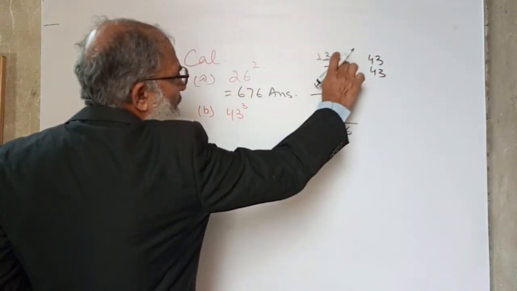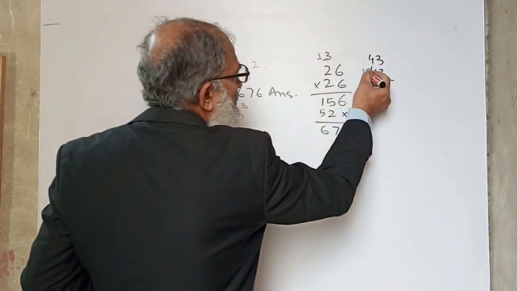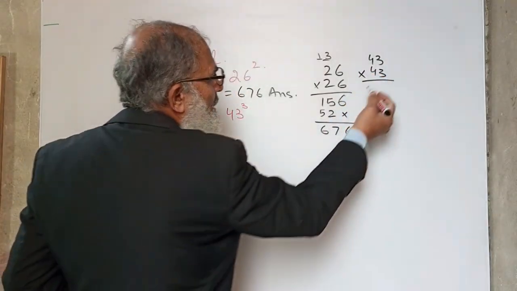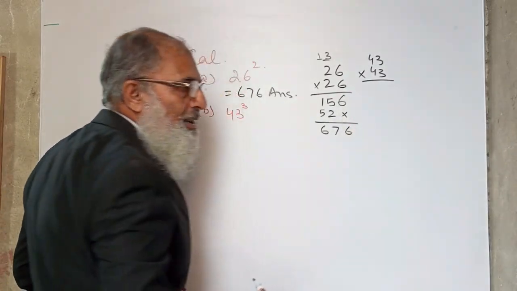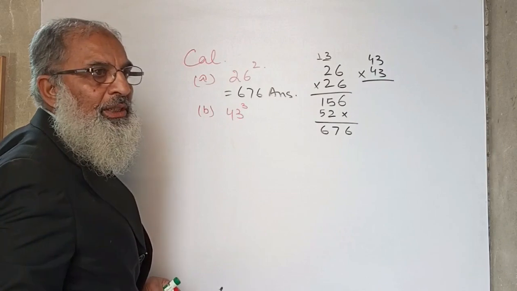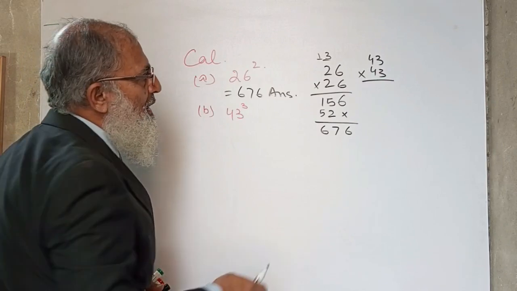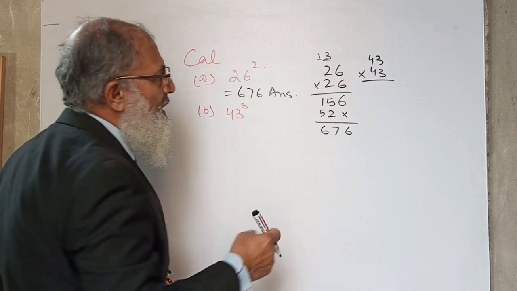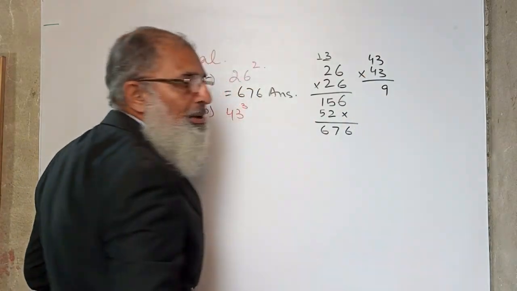If you are using a calculator, then it is very simple. If not, if you are doing it manually, then you have to do it like this. And I tell you that doing it manually will give you more practice and you will be more expert in doing maths.